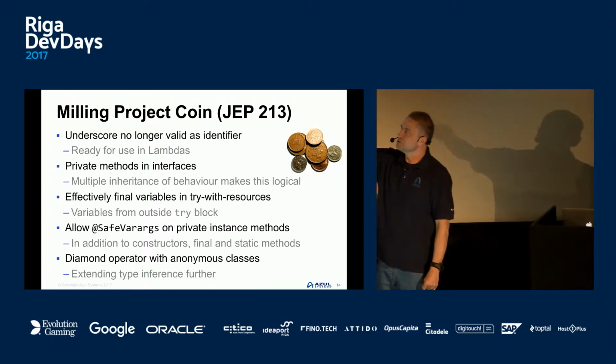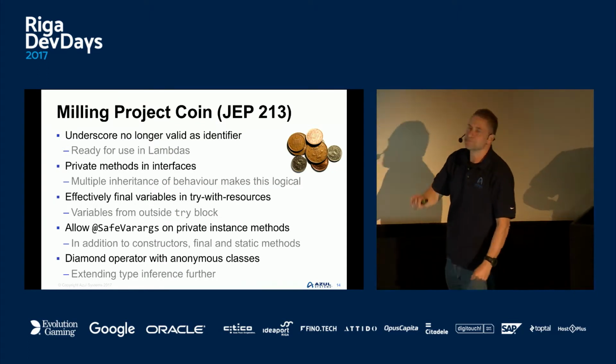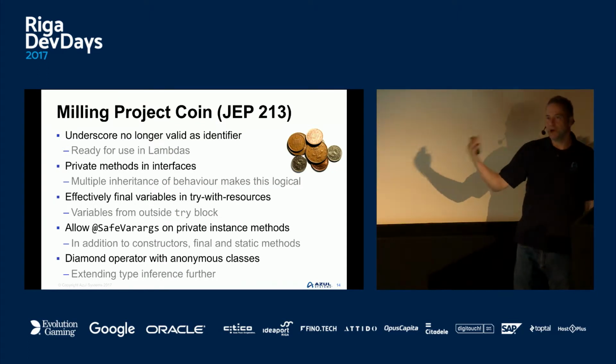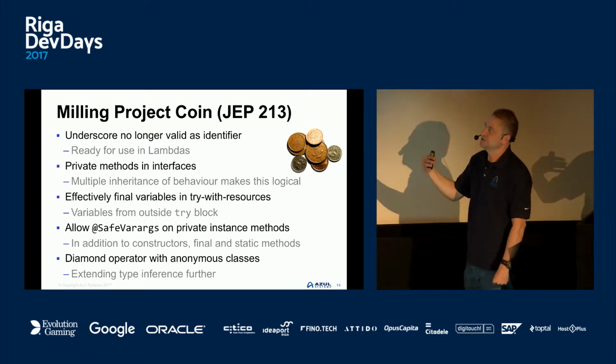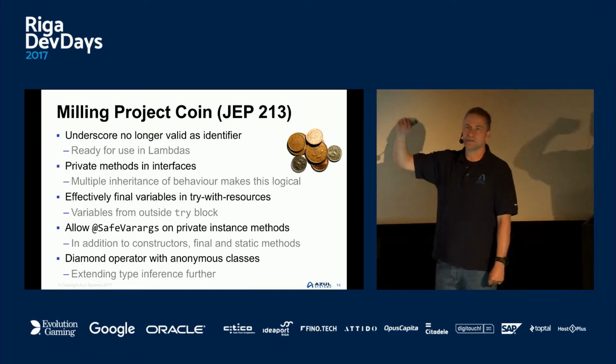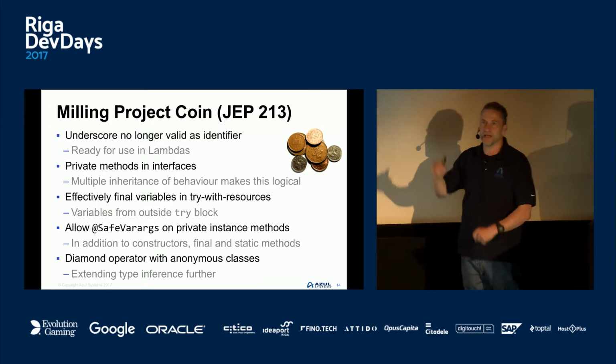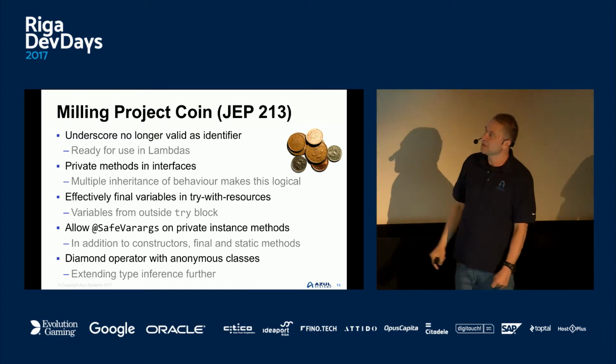So at the moment, you can use safe varargs on constructors, you can use it on final, and you can use it on static methods. None of these can be overridden in subclasses. And since a private method can't be overridden in the subclass, it makes sense to also add that to the list of things where you can use the safe varargs annotation. So that's the reason for that.